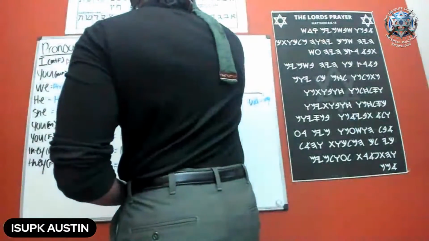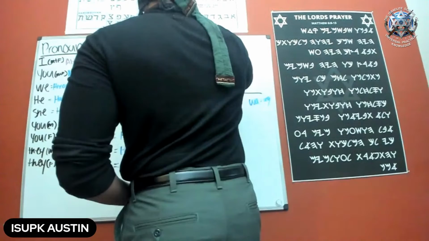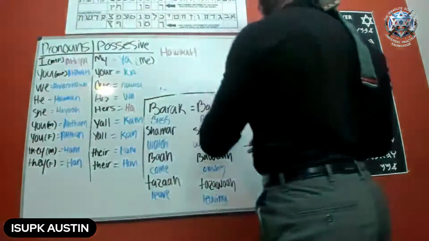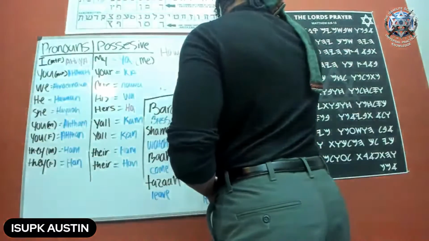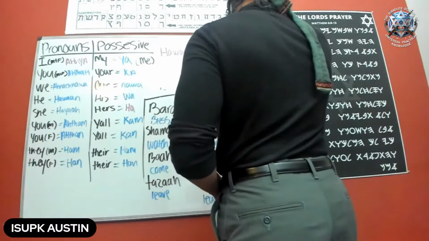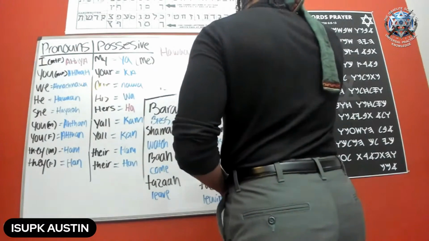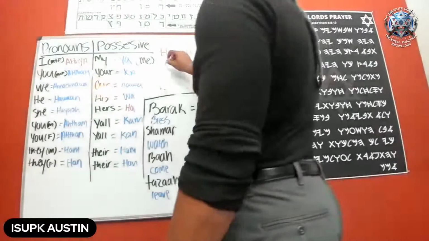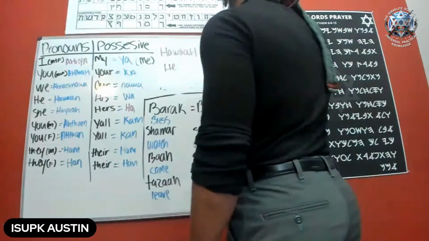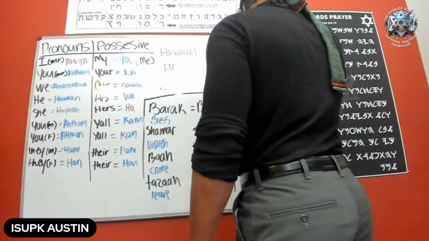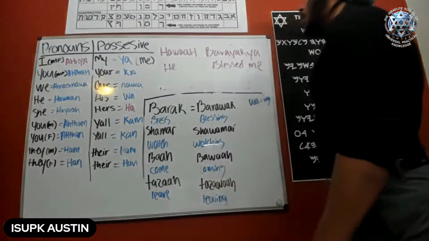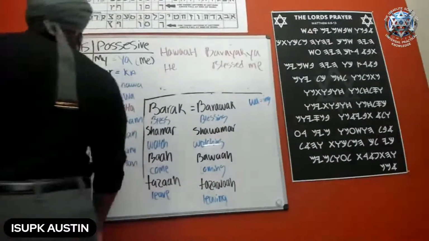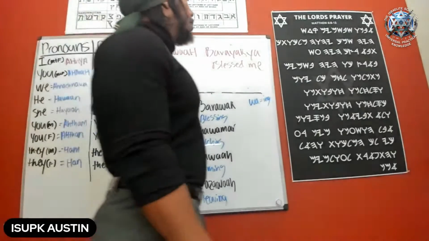Ha, or ah. We just used blessed, which was Ba. Wa. Ya. Me. Barayakia. He blessed me. Hawa'a Barayakia.